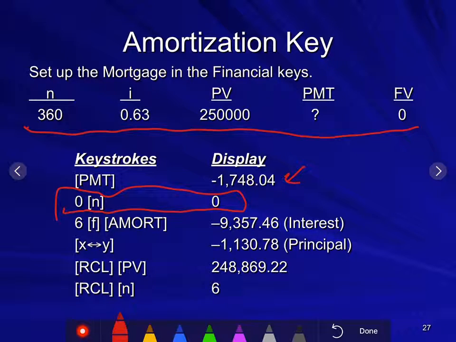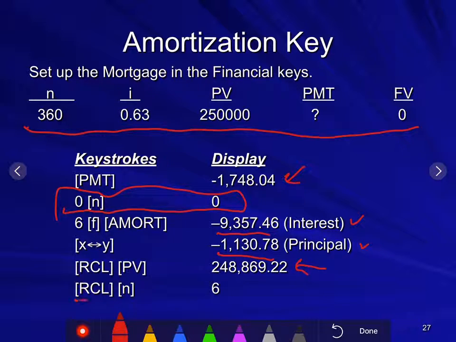You hit 6 f amort, you should now see the 9357.46. x exchange y, 1130.78. So you'll see your interest first, then you hit exchange y, you see your principal. Also a little bit handy at this point, if you recall your PV, you can see the present value, how much you owe the mortgage company at this point in time.